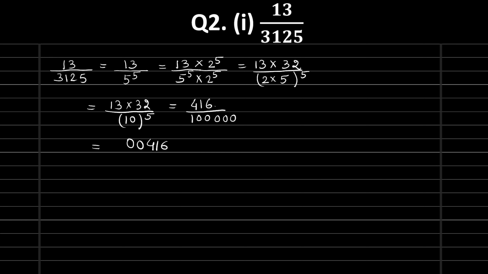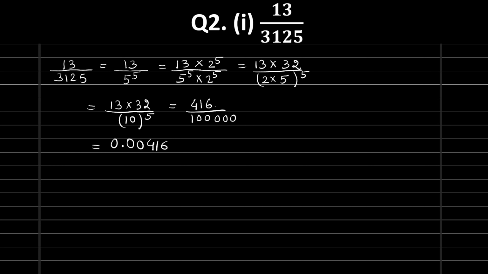We have shifted the decimal point 5 places towards the left-hand side, and now here we will put the decimal point, and then 0. So 416 divided by 1 lakh will give us 0.00416.